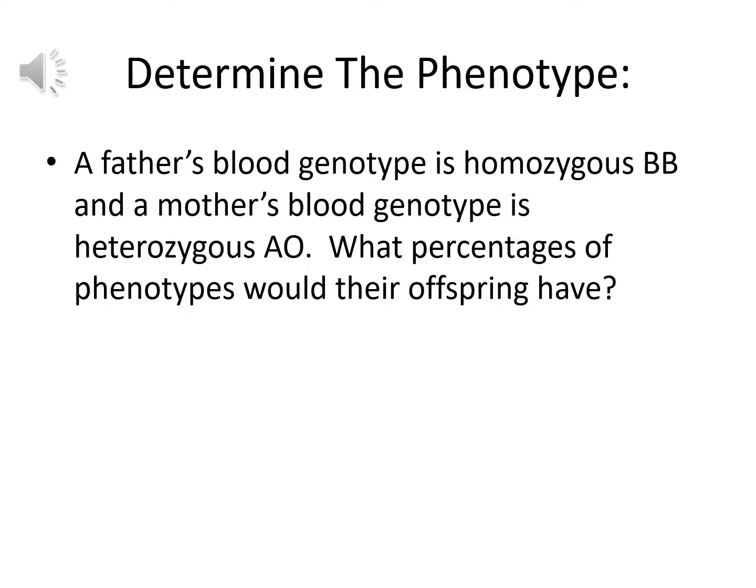What percentages of phenotypes would their offspring have? Go ahead and pause the video here while you work on it, and then when you're ready, we'll come back and figure out what may have gone wrong if we don't agree once you've started the video back up.